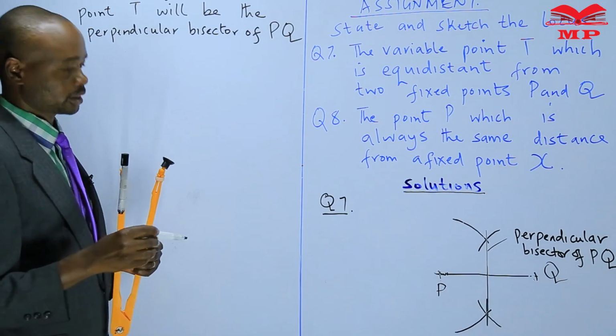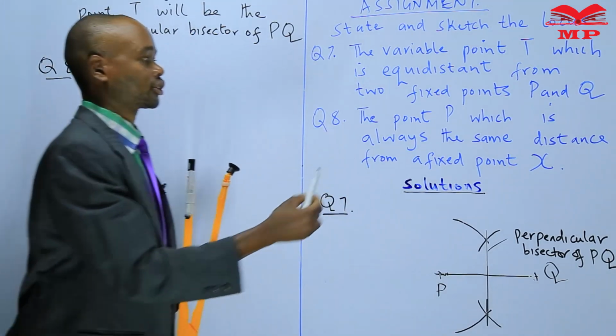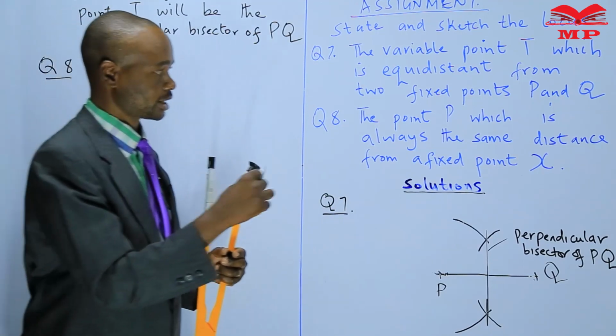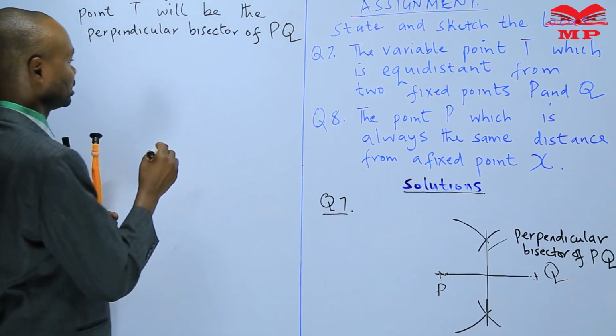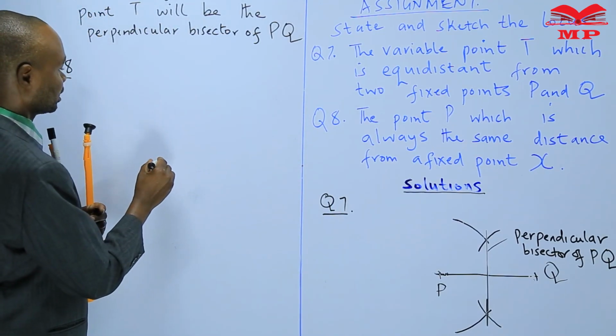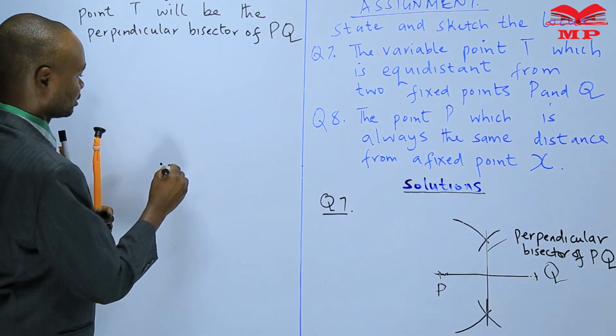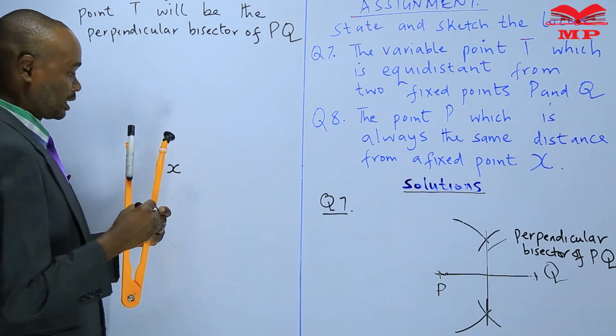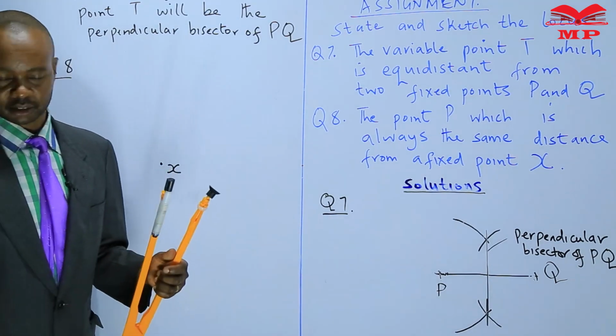There is a law there which is always at the same distance. So in question 8, I have to identify my point X.